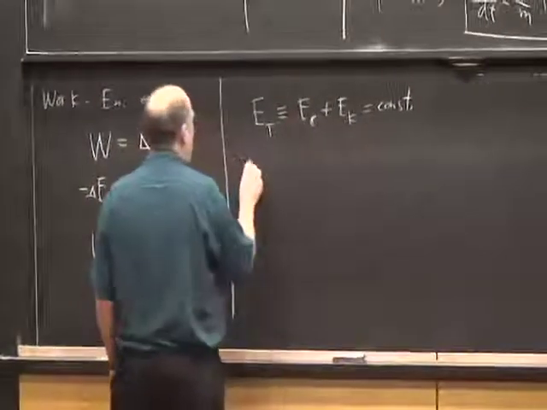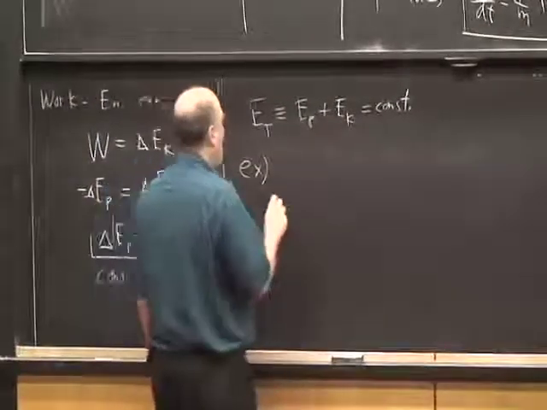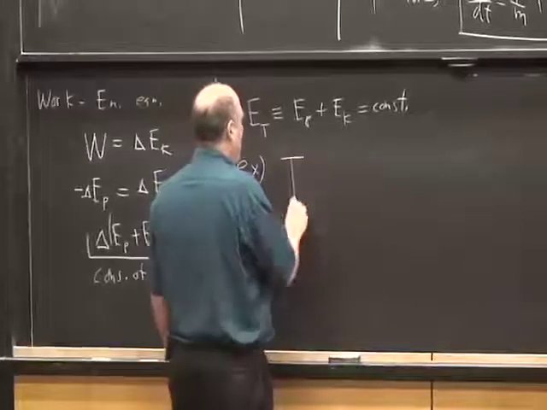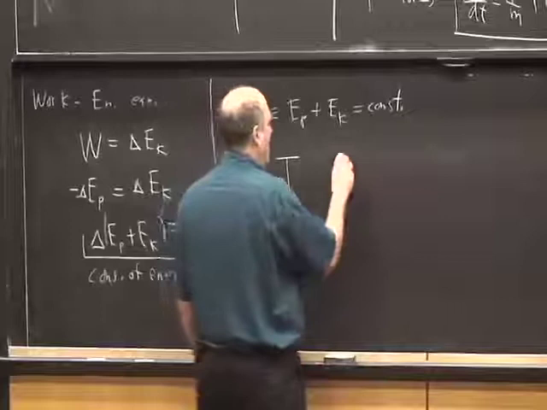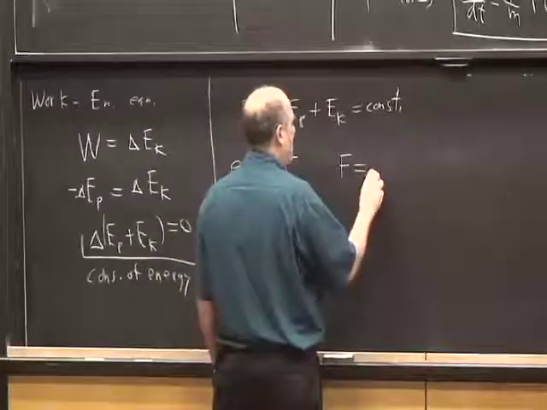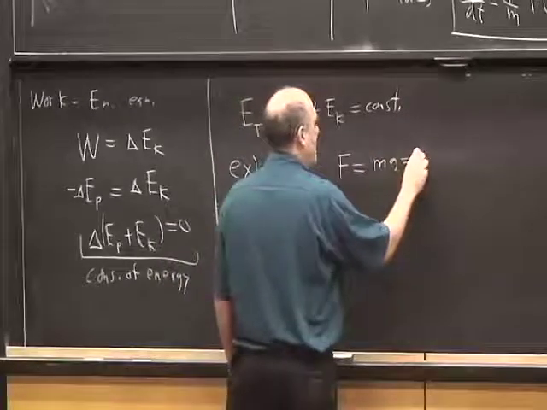Okay, so now what are examples of this? The most famous example from, say, high school physics is that if we're going to call x down like this, we say that the force is equal to a constant mg.